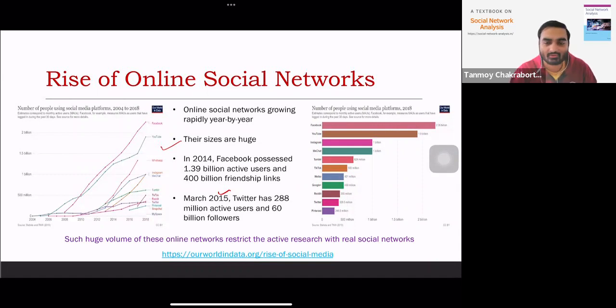You may not be able to get hold of the entire network structure if you do not belong to that company. If you're part of the company, you can still get access to the network. But if you are an academician like us, we don't have access to the entire network.